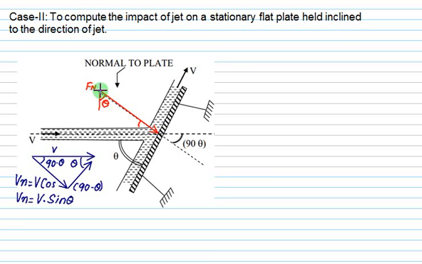If this is theta, then this component will be sin theta, and what will be this component? Cos theta. So the Fx component will be Fn sin theta, whereas the Fy component will be Fn cos theta.